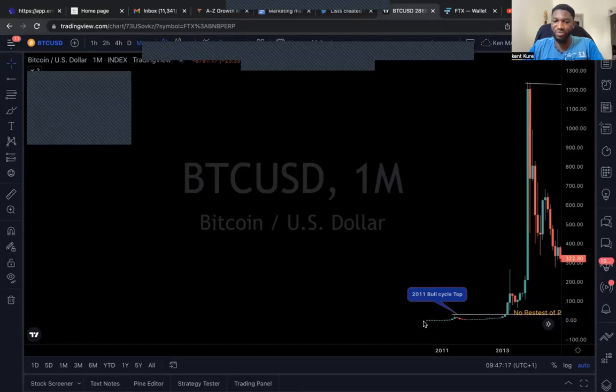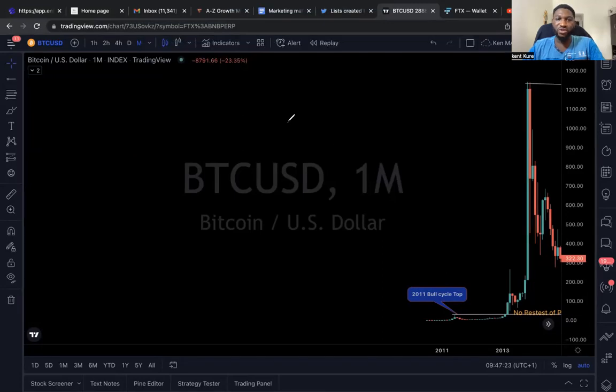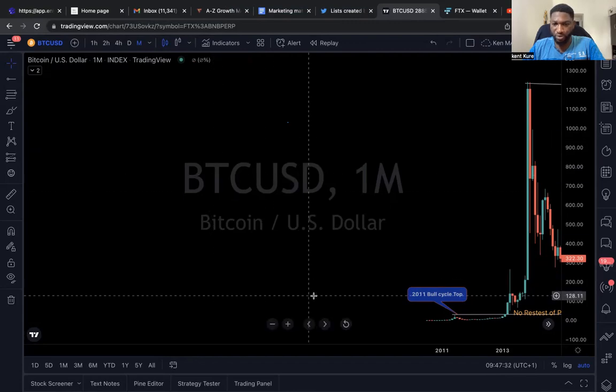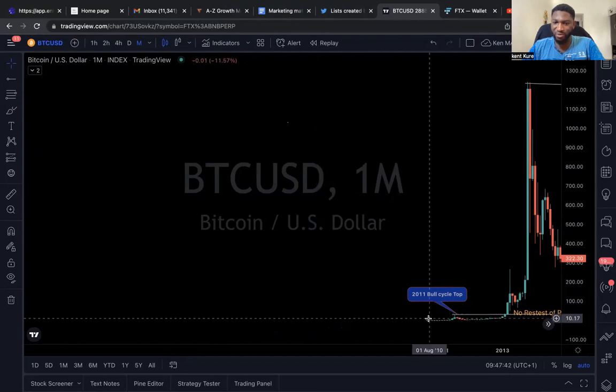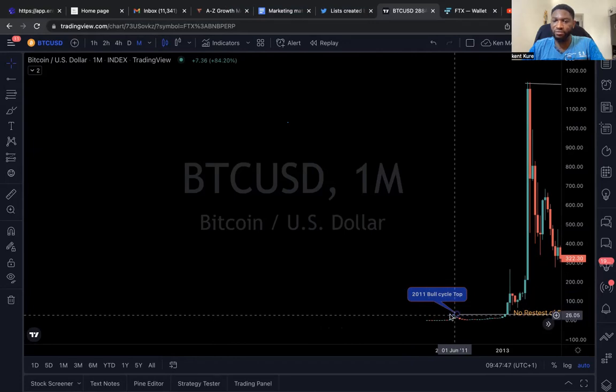In 2011, Bitcoin rose from when it started trading in 2010 to this price, which at the time was $30. It rose from less than $1 to as high as $30, from 2010 to 2011.